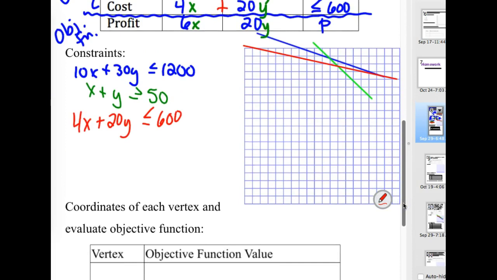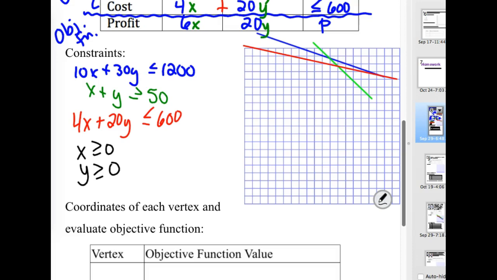Okay. There are two implied constraints. We talked about these yesterday a little bit. What's the implied constraint here? Yes, x has to be greater than or equal to 0. I'm trying to color code here. Because we can't make negative t-shirts or sweatshirts, right?